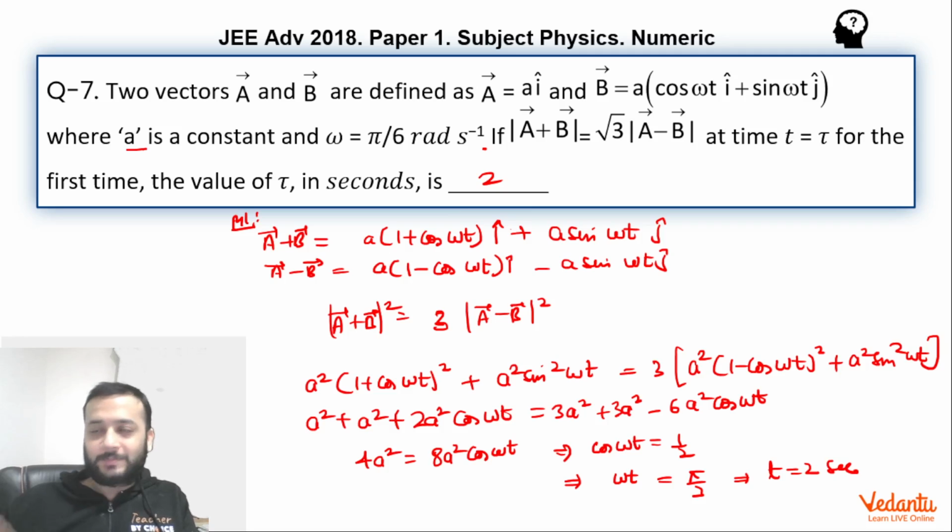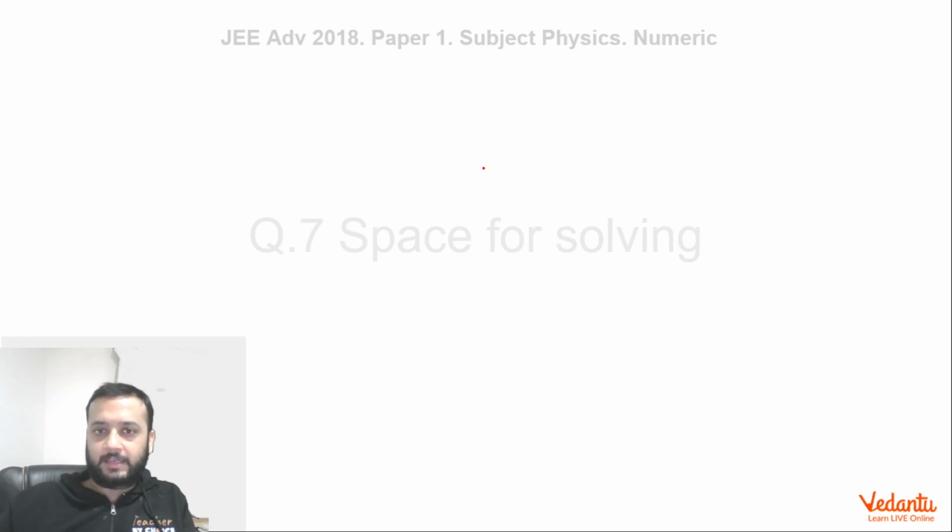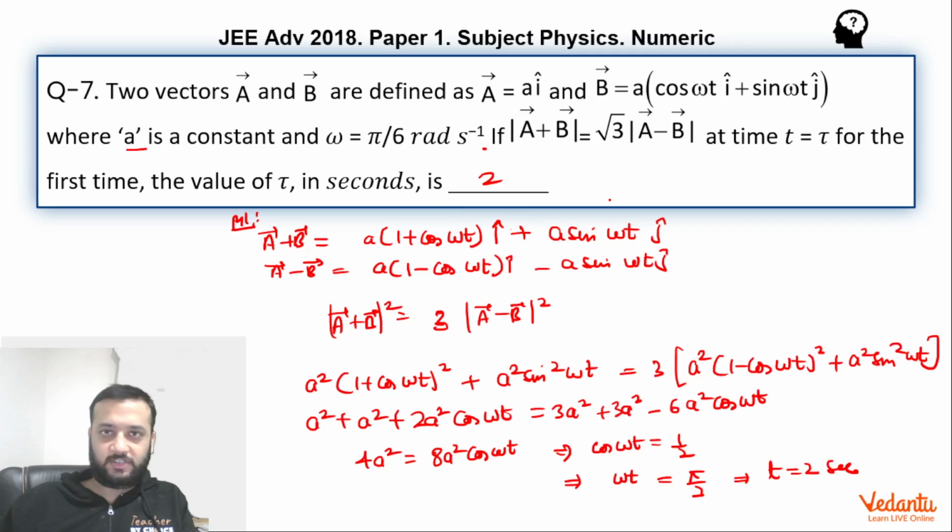Now let's see the topper's method, an amazing method of how we could have approached this question. If you see, this is written A plus B and this is A minus B, where A is a vector of constant magnitude. In fact, this is a constant vector, it's always pointing in the direction A i cap. So let me draw this vector. It is not rotating, it's a fixed vector pointing in the positive x direction.